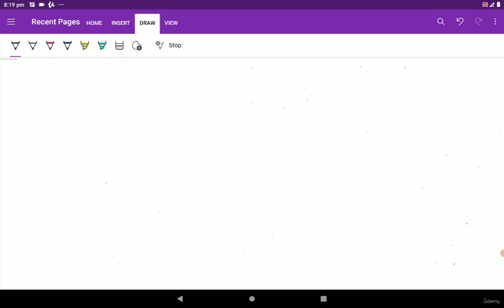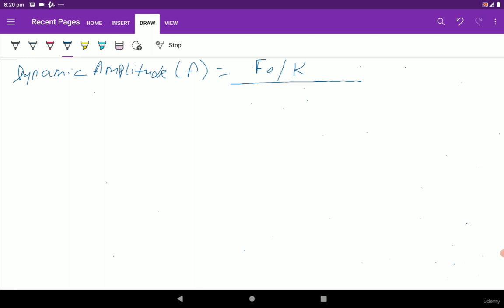For the given system, we can write the dynamic amplitude, that is A, is equal to F naught by k divided by under root of 1 minus r square whole square plus 2 zeta r whole square.